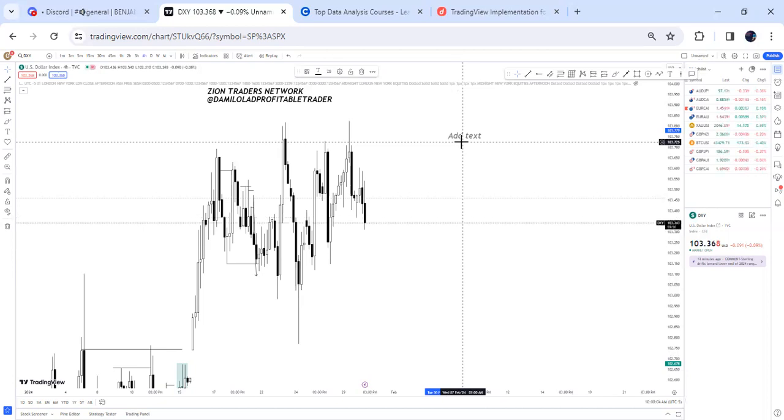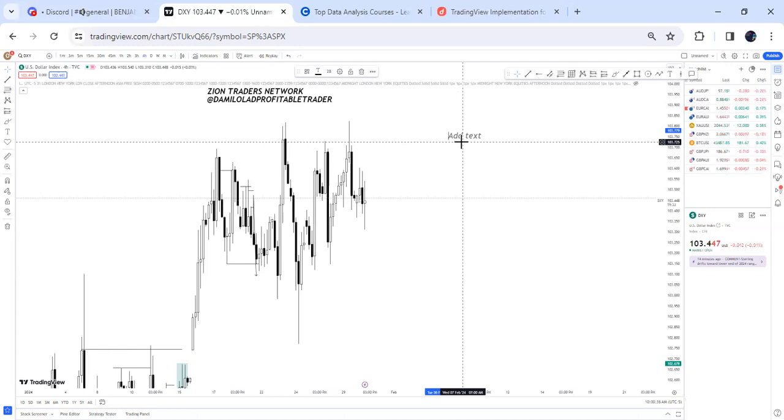Remember I said that I can analyze my DXY, either bullish or bearish, and then based on that I go to my EUR/USD and my GBP/USD, and plan my trades towards that. Knowing that takes you a step ahead.